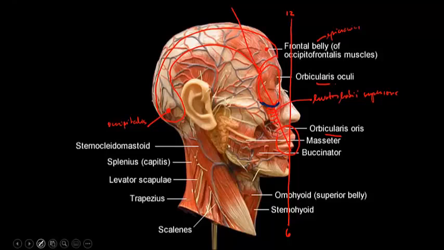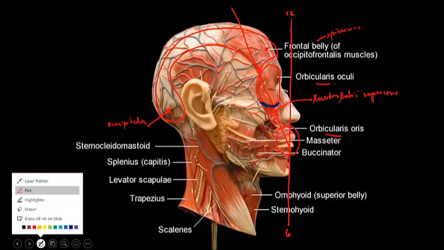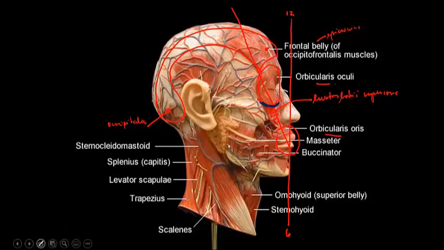The next muscle is going to be the muscle at 10 o'clock. This is 11 now. I'm going to go at 10 o'clock. So the muscle at 10 o'clock is the muscle that goes through the zygomatic bone, and that muscle is my zygomaticus.